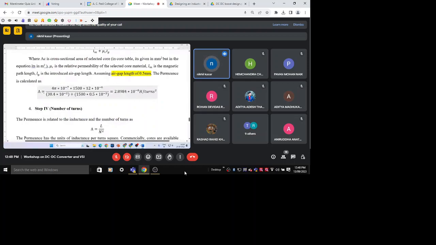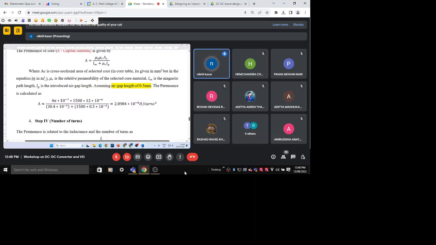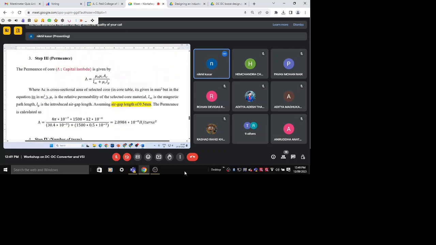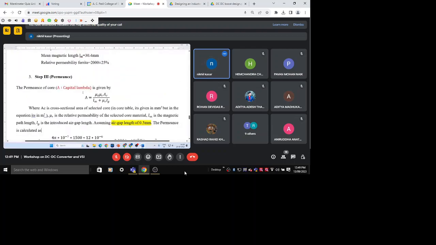So if you substitute all the values: permeance, that is capital lambda, the symbol is 4 pi into 10 raised to minus 7, that is mu naught, into mu r, which is plus or minus 25%, into A core in millimeters, 10 raised to minus 6, in the denominator.